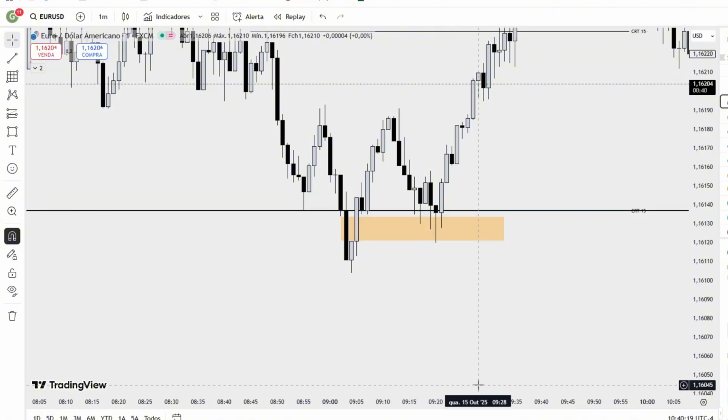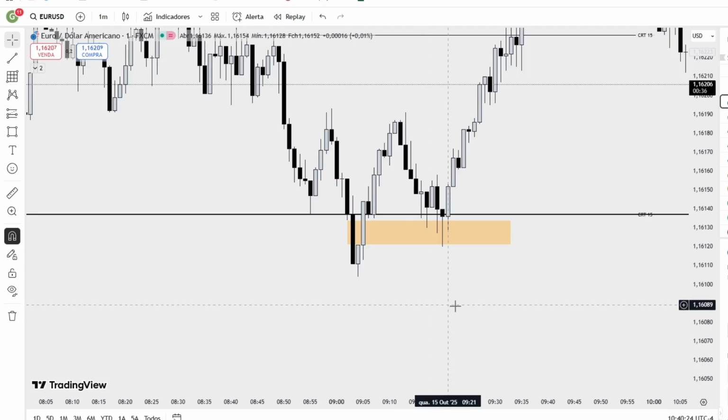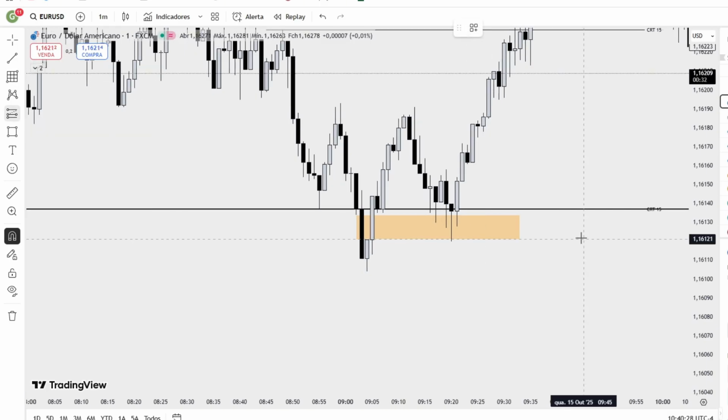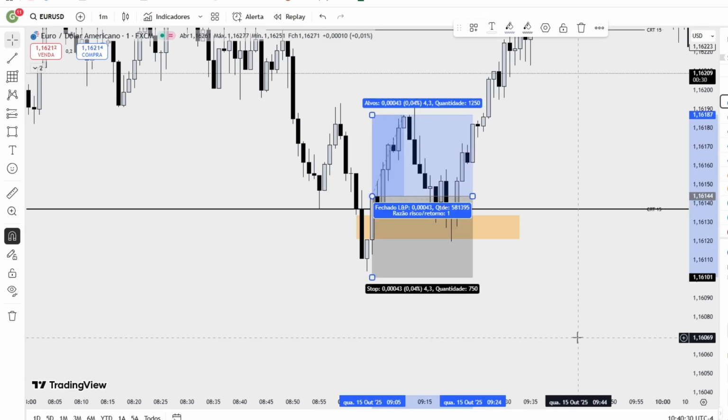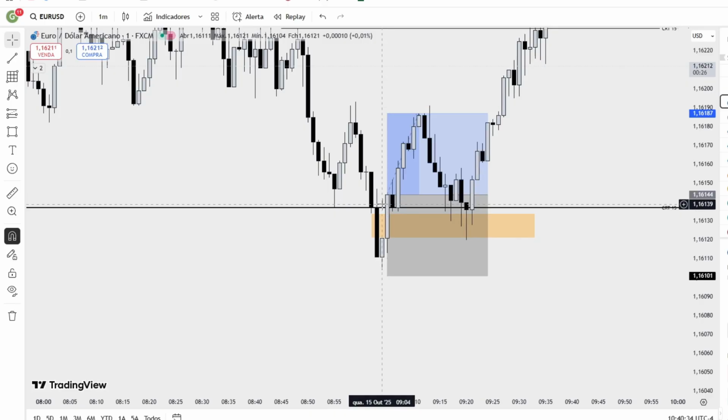I took the inverse fair value gap, which I prefer, but we have these two opportunities right here, and my trade is here. I took long here when the candle closed above the inverse fair value gap.